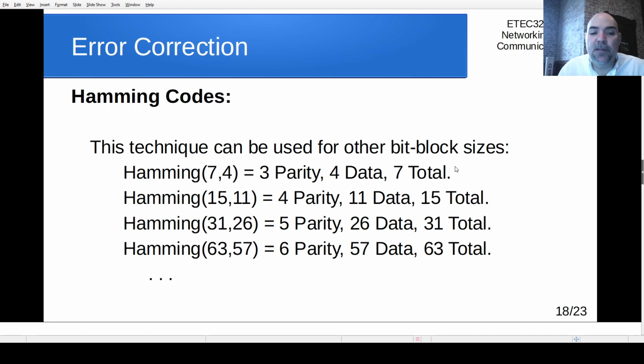This is the total number of bits, and this is the number of data bits. So Hamming (7,4) has 7 total bits, 4 of which are data. Hamming (15,11) has 15 total bits, 11 of which are data, and the remaining ones are parity. So 7 minus 4 is 3 parity bits, and 15 minus 11 is 4 parity bits.